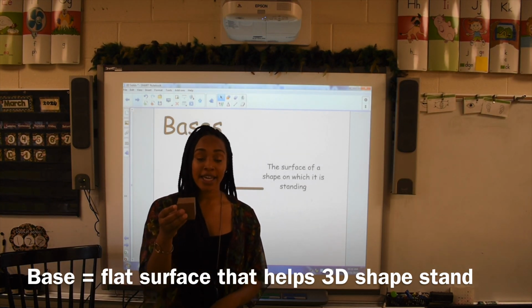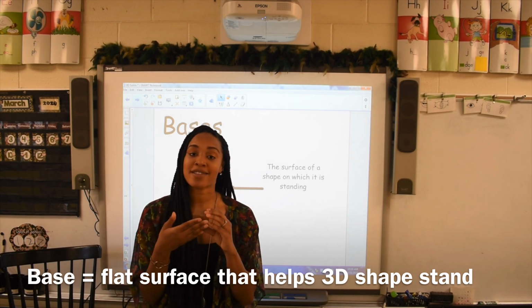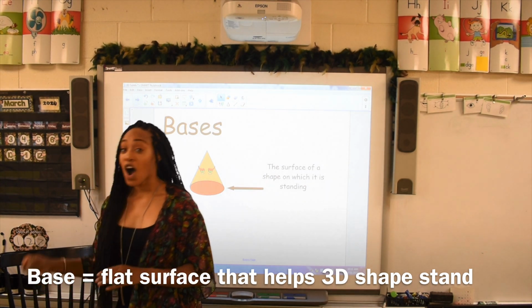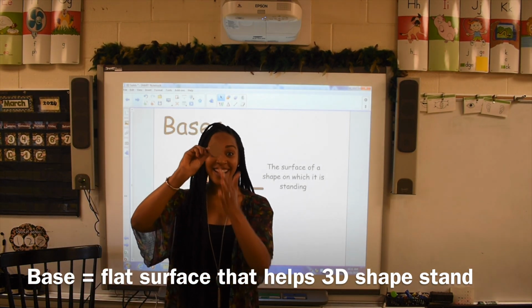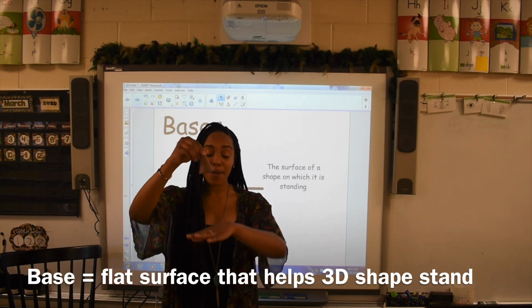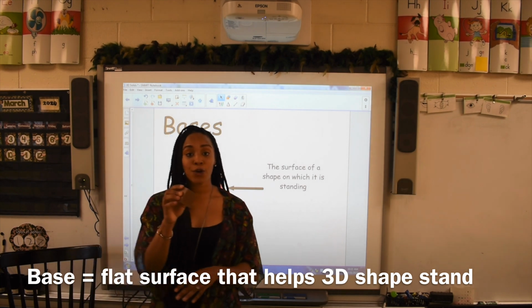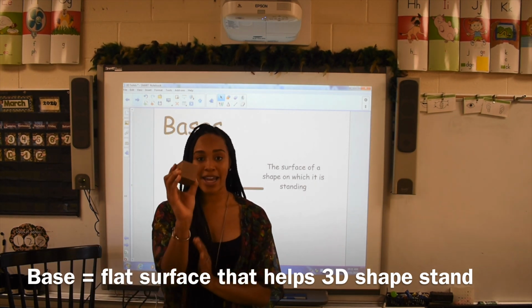As you can see, a cube is filled with tons of faces and bases because they are all flat. Whereas on a cone, how many bases are there? There's just one. You can say base because that's where it stands. But for a cube, these flat parts can also be faces because that's the wide part.